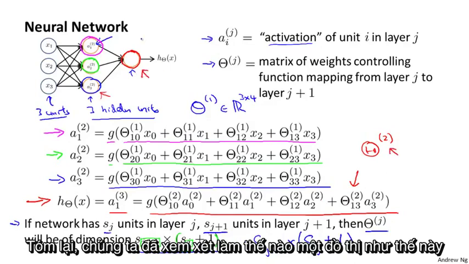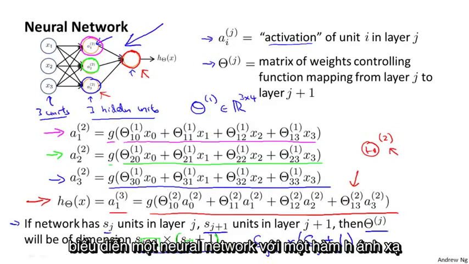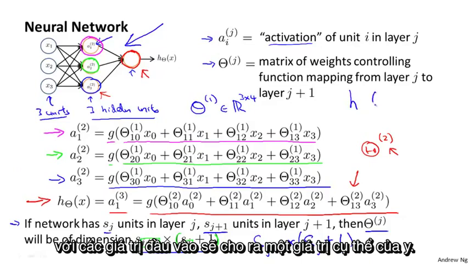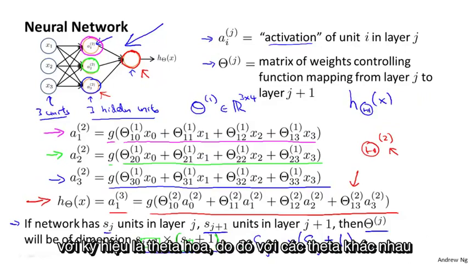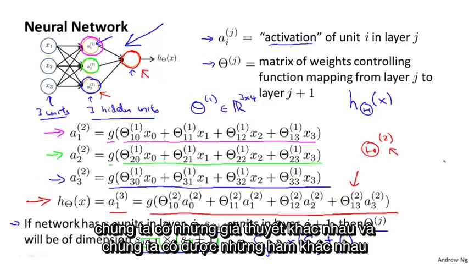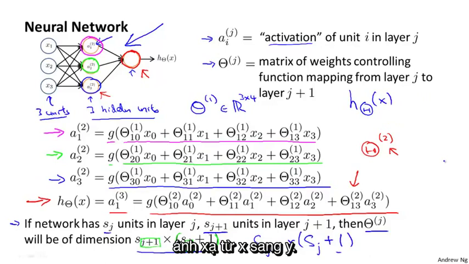To summarize, we've shown how a picture like this defines an artificial neural network, which defines a function h that maps from x's input values to hopefully some space of predictions y. These hypotheses are parameterized by parameters that I'm denoting with capital theta, so that as we vary theta, we get different hypotheses, different functions mapping from x to y.